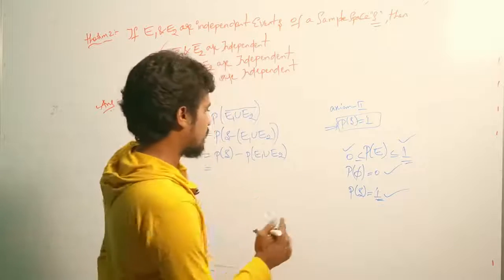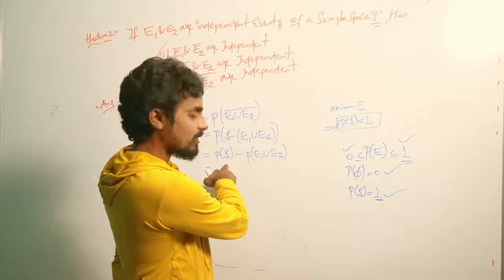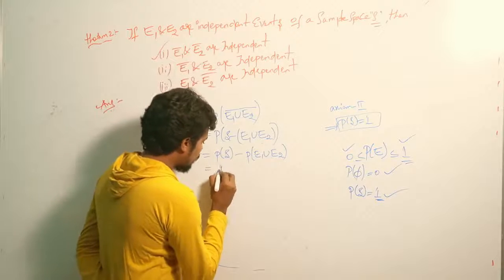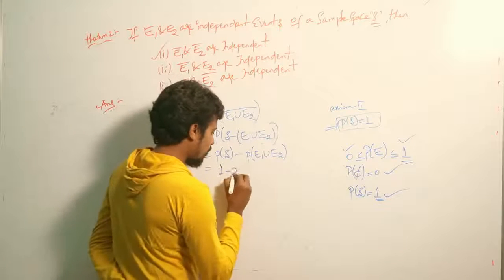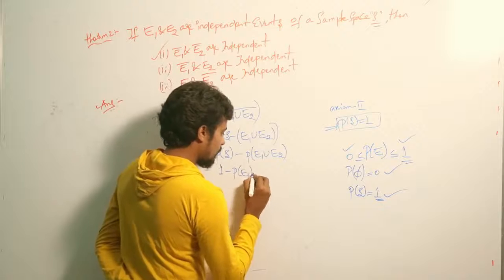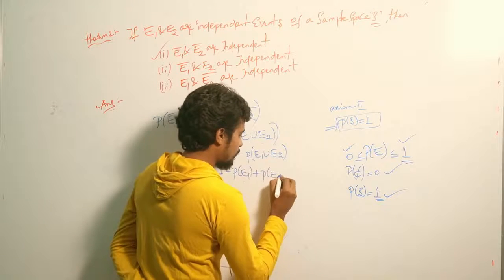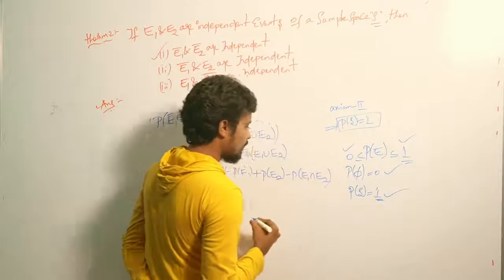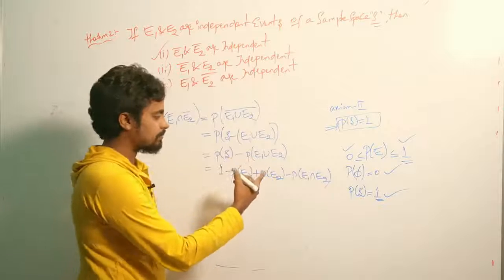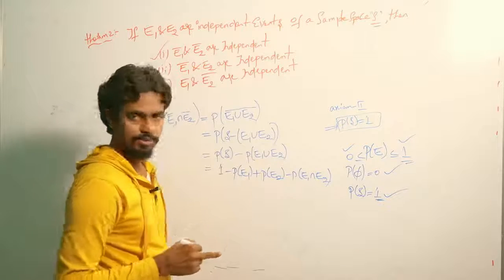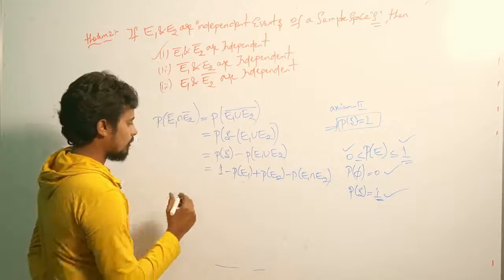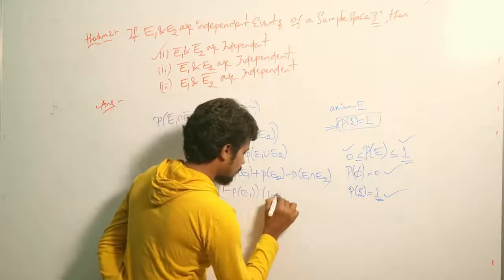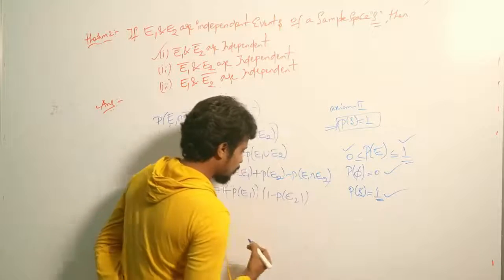And next, similarly, if you apply this, P of S we directly represent by 1. So it is 1 minus P of E1 plus P of E2 minus P of E1 intersection E2, since P of A union B is P of A plus P of B minus P of A intersection B, right? If you take the common, it becomes 1 minus P of E1 into 1 minus P of E2.